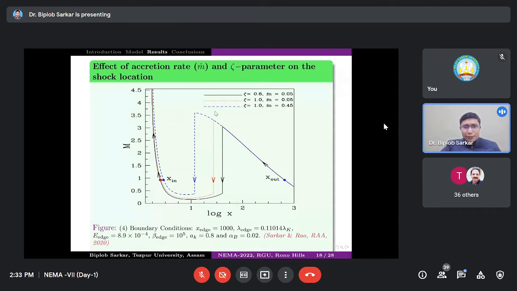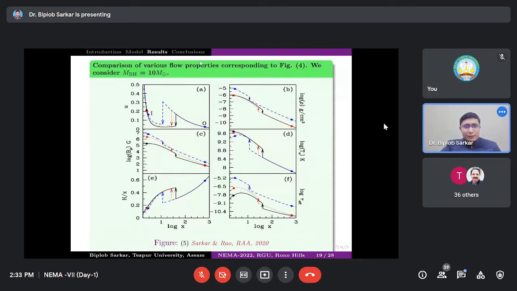Now corresponding to the three shock solutions shown here, we have studied the various flow properties, considering a 10 solar mass black hole.